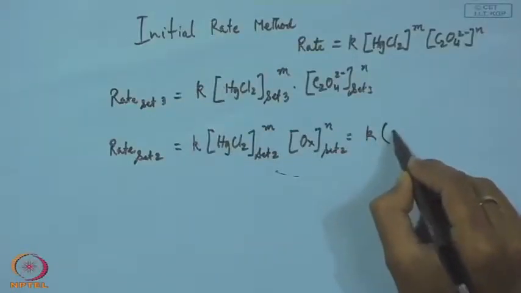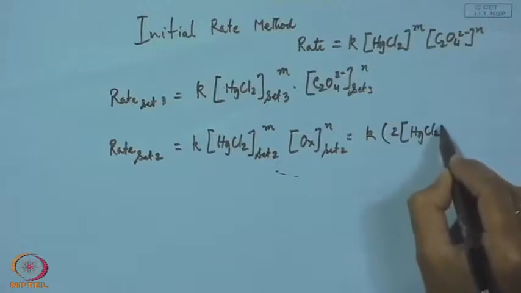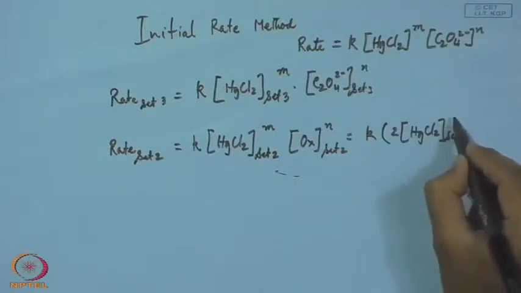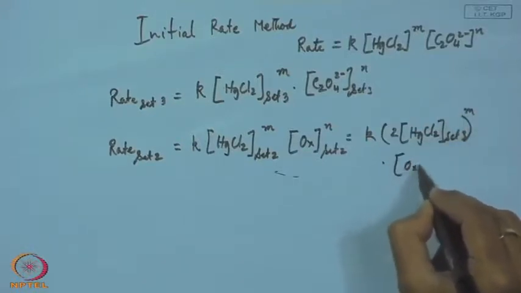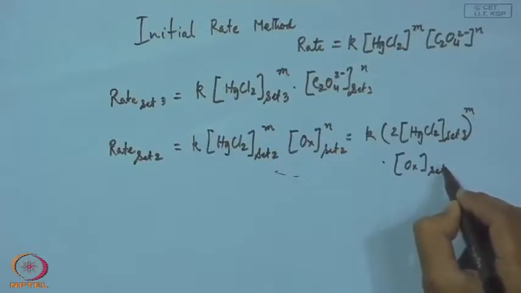So that means 2 times [HgCl2] of set 3 to the power m, times oxalate of set 3 to the power n.